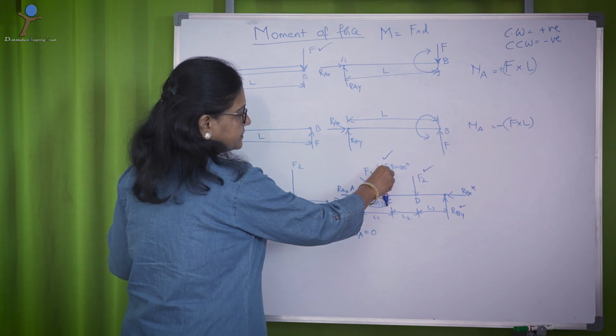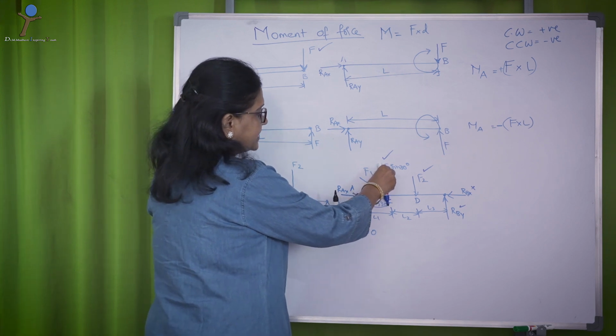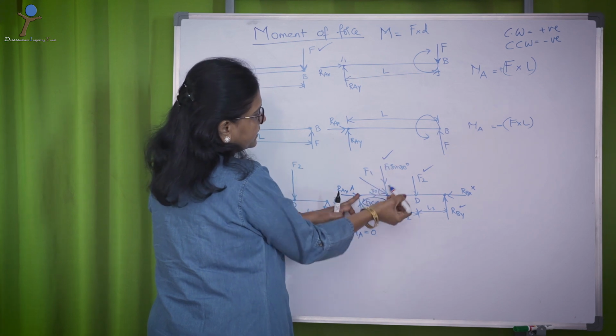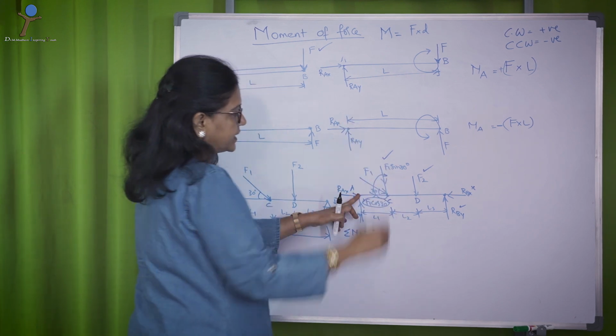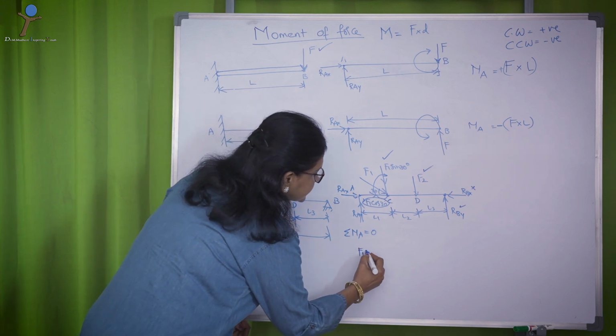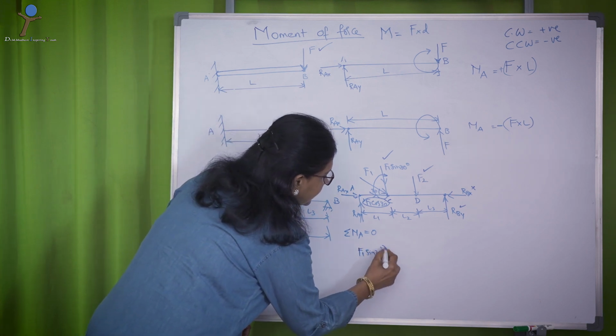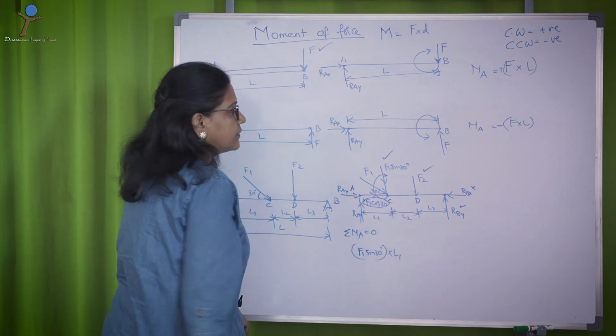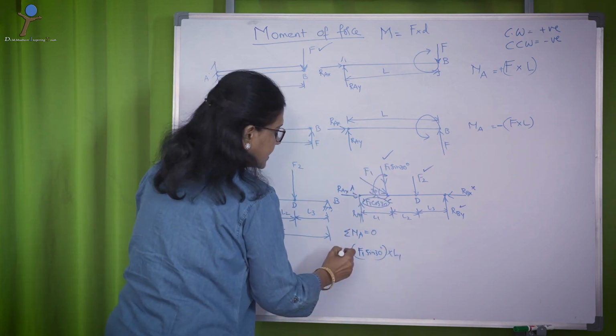F1 sin 30, if I rotate the F1 sin 30 force vector towards A, this way, I get F1 sin 30 multiplied by L1. Since it is clockwise, I put positive.